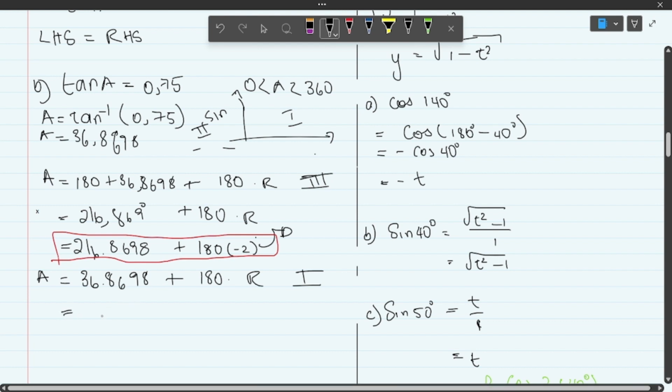Izaba ngu-36 plus 180, izaba ngubani? Izaba ngu-216,8698 okokuqala, question ithi yesibini, and then xa siphutha u-1 unantsika u-1 apha izaba ngubani?